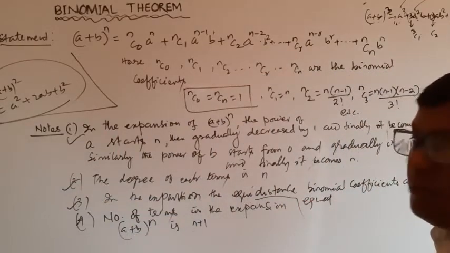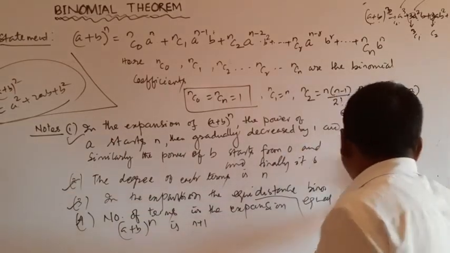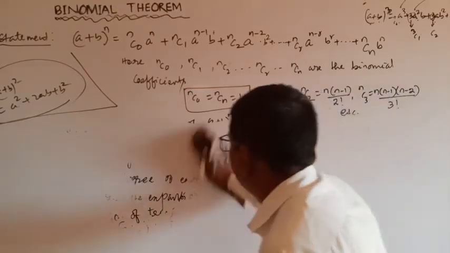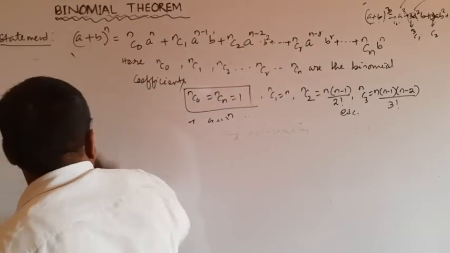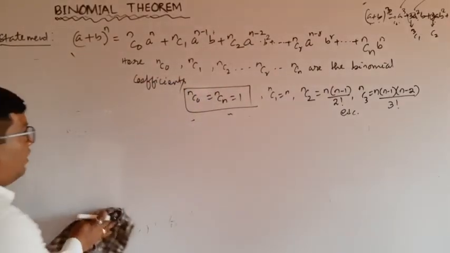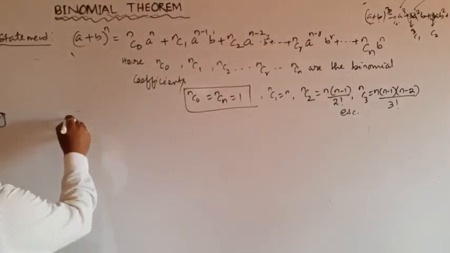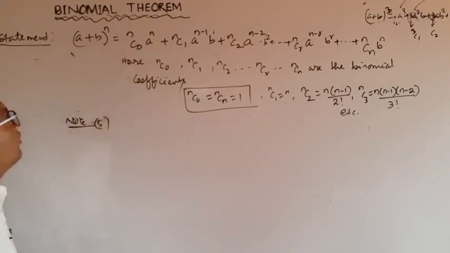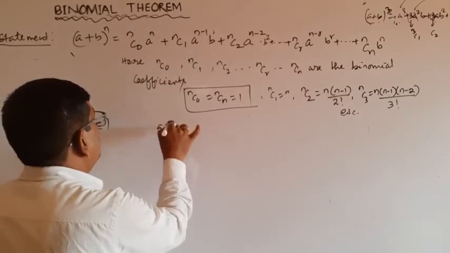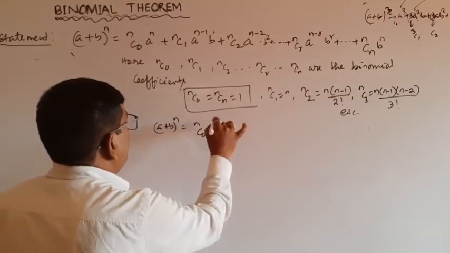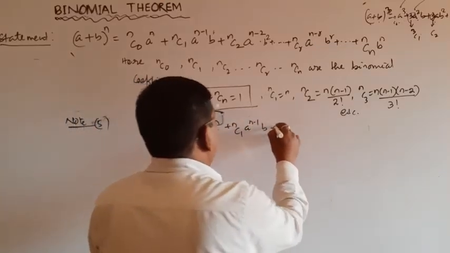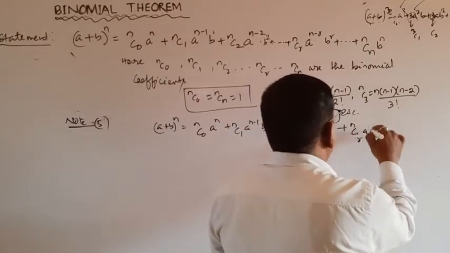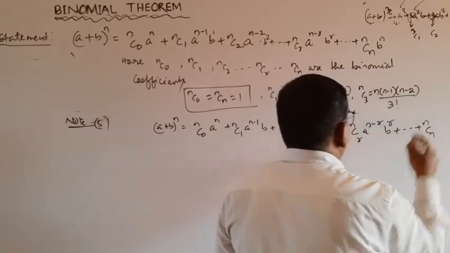Now the fifth observation: (a plus b) whole to the n is equal to nC0 a to the n plus nC1 a to the n minus 1 b plus nC2 a to the n minus 2 into b square plus dot dot nCr a to the n minus r b to the power r plus dot dot nCn b to the power n.